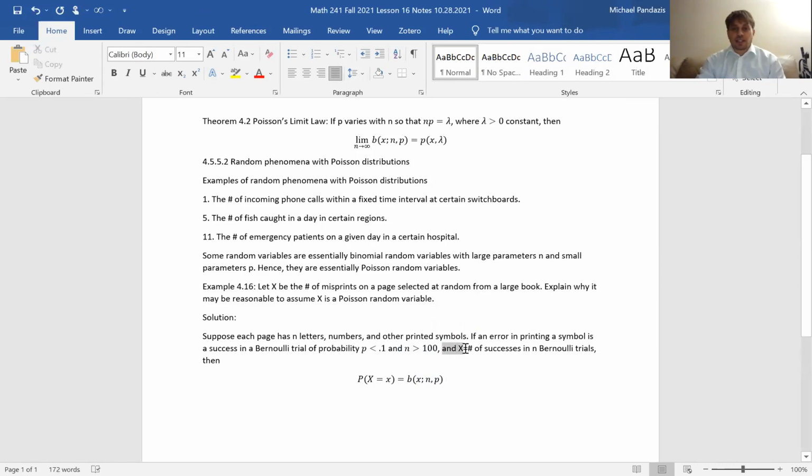And you let X equal the number of successes in n Bernoulli trials, the number of errors on the page.